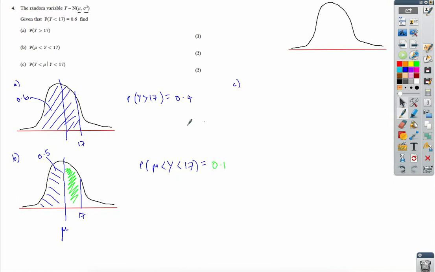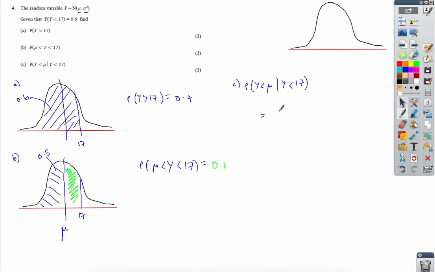Okay, last bit. The probability that it's less than the mean, given that it's less than 17. A couple of different ways you could think about it. You could use the proper formula.